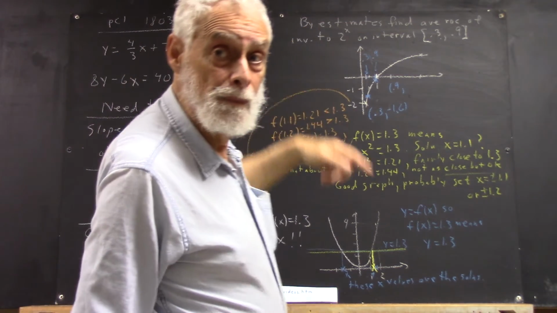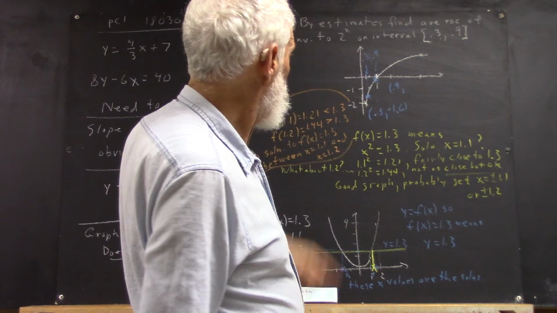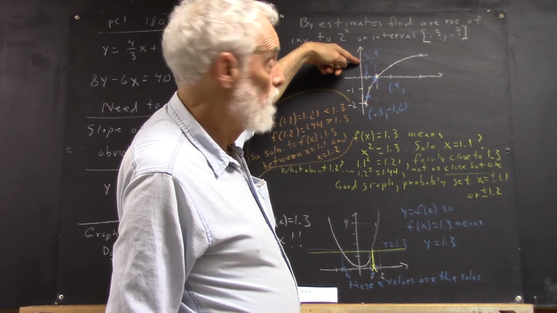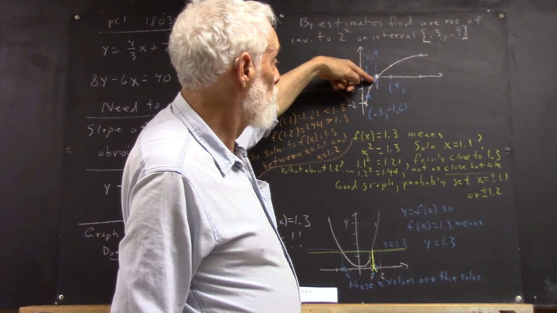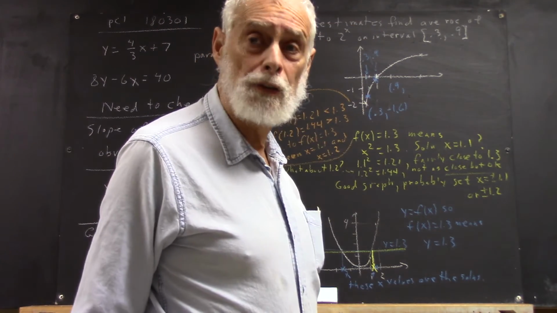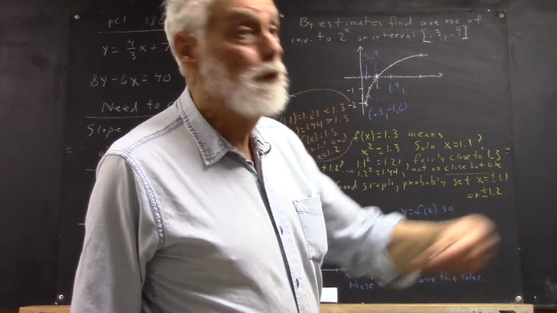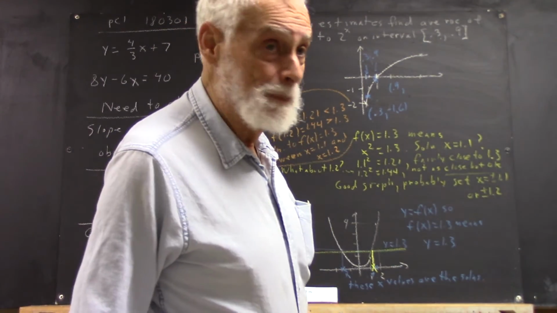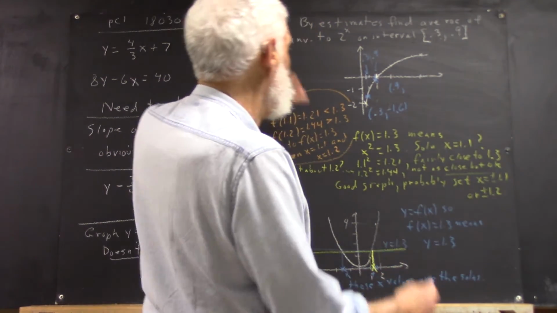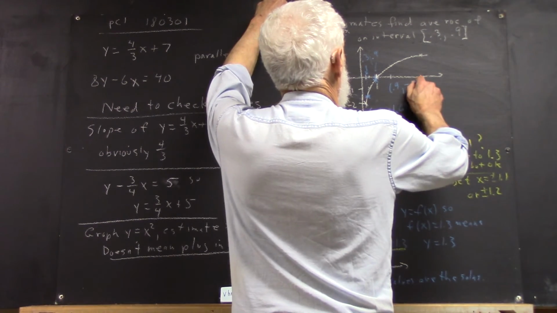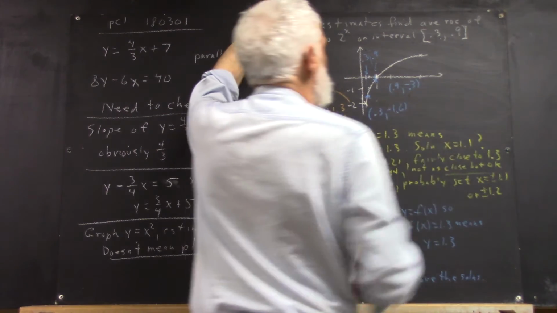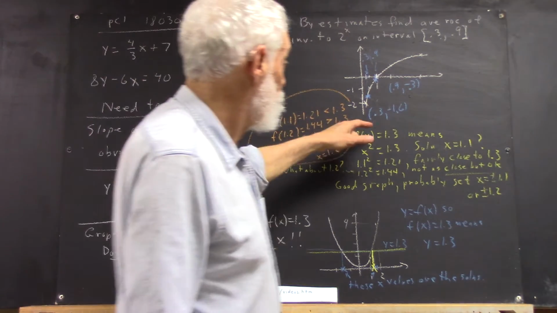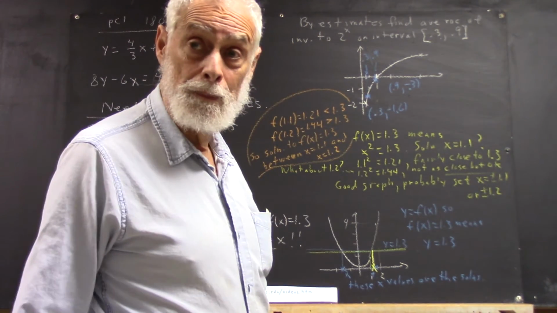Negative 0.1. Okay, I'm going to go negative 0.3 though, because it's a little further down than negative 0.1. If you estimated negative 0.1, I would accept that. I'm not trying to get excruciatingly accurate estimates, okay? So there we have it.